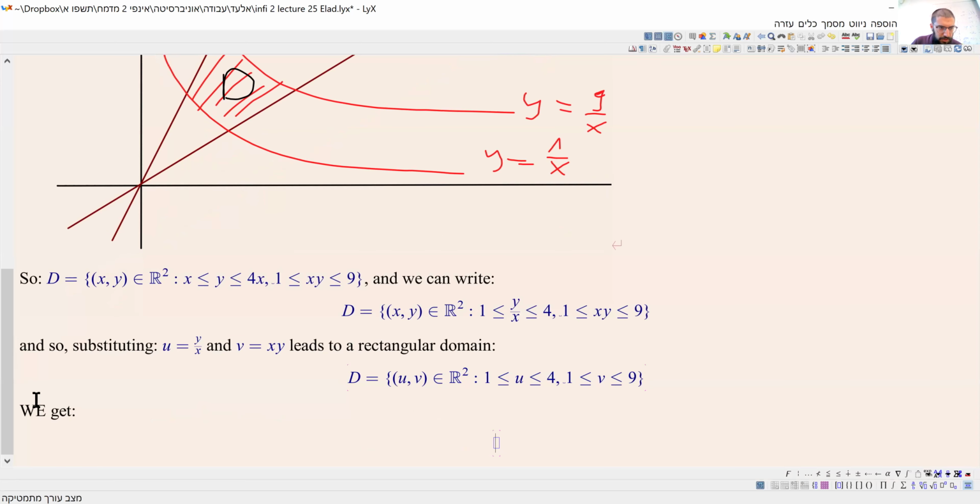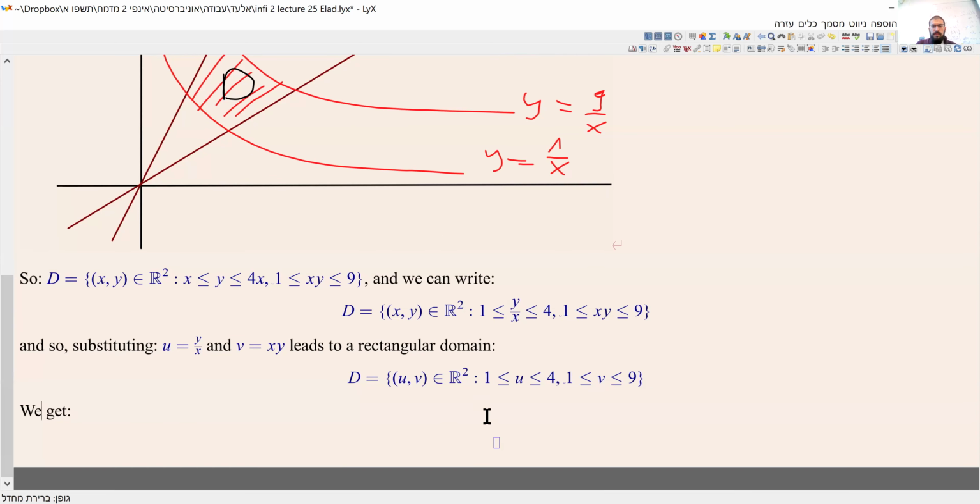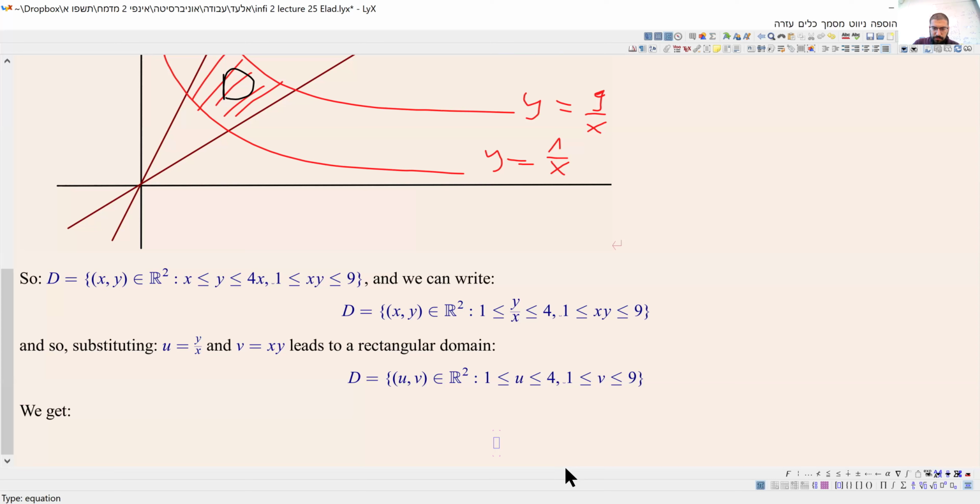The integral over D of the function 1 is the integral from 1 to 9 and the integral from 1 to 4 of 1 multiplied by the determinant of J in absolute value du dv. This is the price we pay.